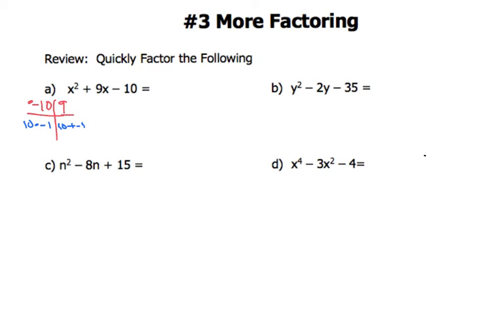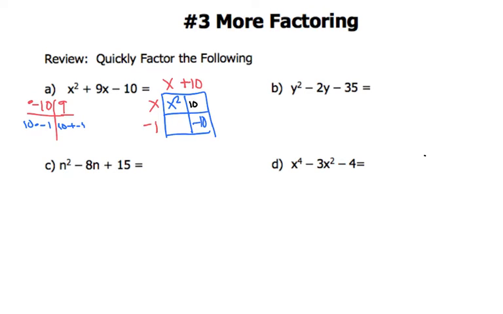So that checks out. If you wanted to check yourself and use your box method here, x squared, -10, we should be getting what we discovered, which was x plus 10, x minus 1.